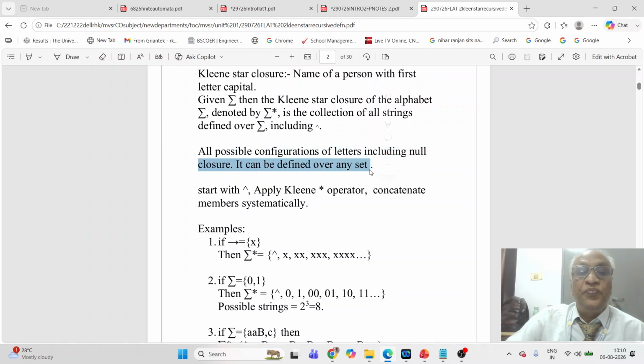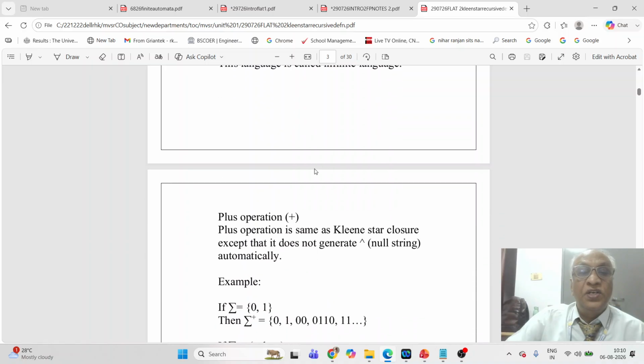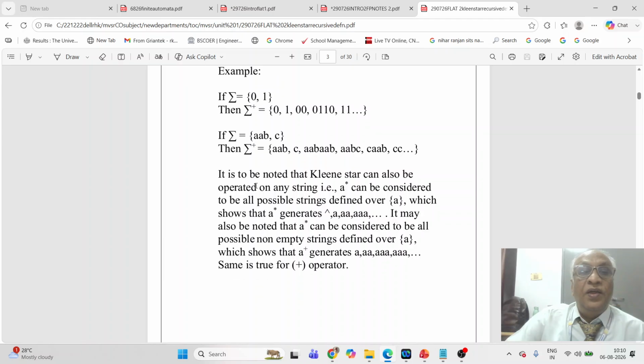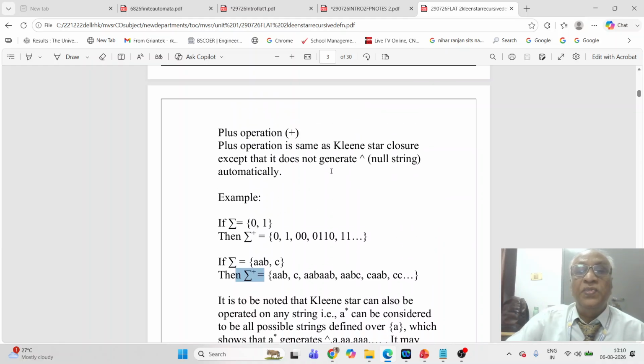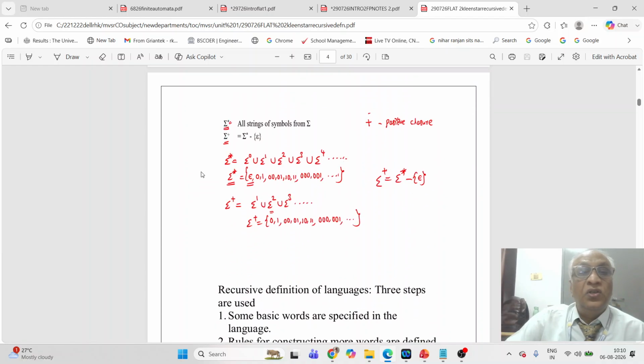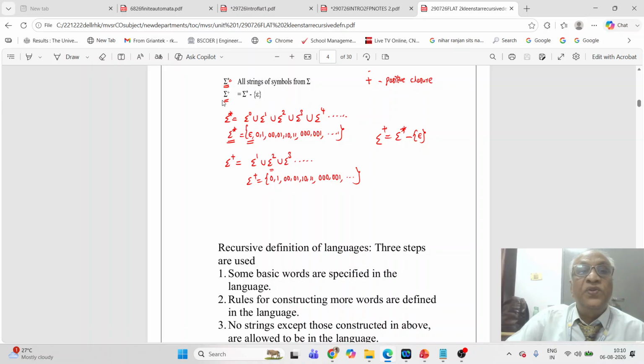You also have sigma plus, which is called the plus operation, and it includes all possible combinations except null. So the relationship between positive closure and Kleene star closure is: positive closure is equal to Kleene star closure minus null.